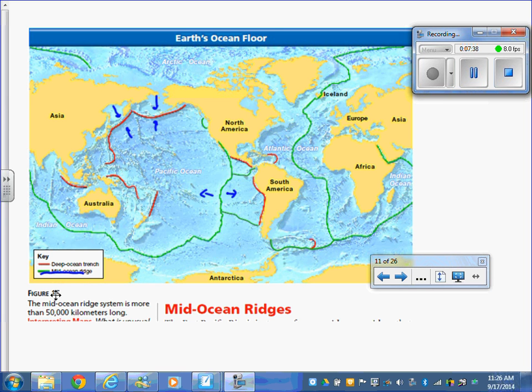There's a really big area here in the middle of the Atlantic Ocean called the Mid-Atlantic Ridge, and this is a mountain range, and these are actually moving apart. And it turns out that the scientists, and you'll read about this today, it's called sea floor spreading.